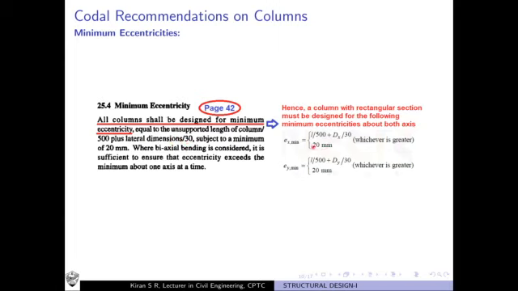For a rectangular column we have different lateral dimensions, so the lateral dimension will be dx by 30 or dy by 30. Accordingly you can define different minimum eccentricities for different axes. For both axes you can determine the minimum eccentricities separately, and you will design the column for this minimum eccentricity.